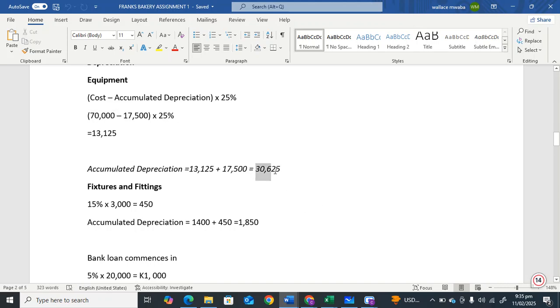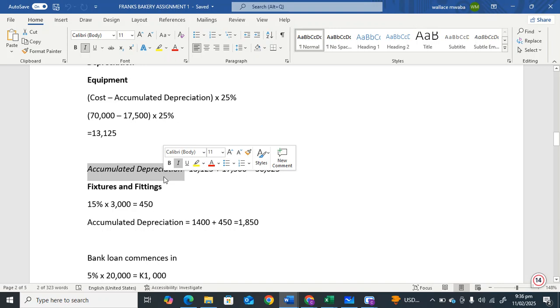The provision for depreciation, which is also called accumulated depreciation. Where you see accumulated depreciation, it's the same as provision for depreciation. I like to use accumulated depreciation a lot, so at times I won't write the exact word.